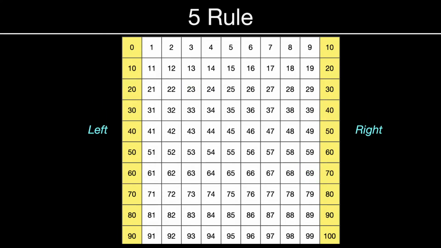The 5 rule is when, for example, you have a number like 35, and we find that on our rounding chart. It's in between 30 and 40, and we have to pick one of those two numbers. Well, it's the same amount of spaces to the left or to the right. So the question is, which one do we pick?